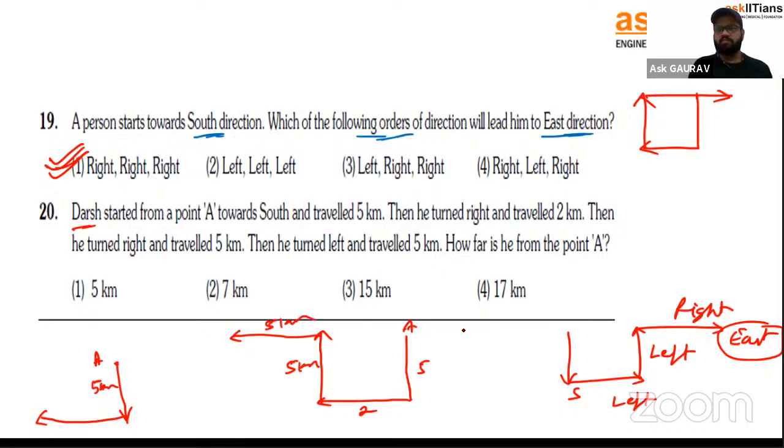How far is the distance from the A point? This is 5 and 2 more distance. So basically 7 kilometers. Right? So the distance will be 7 kilometers.